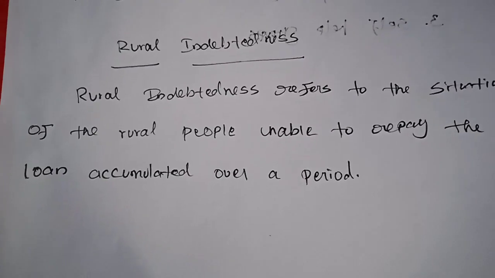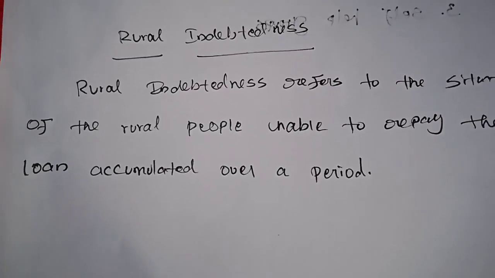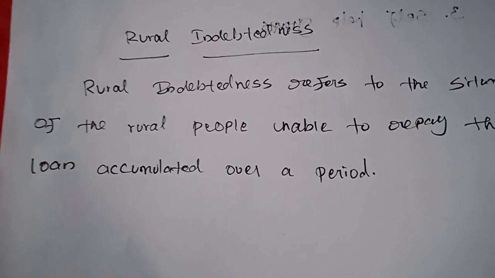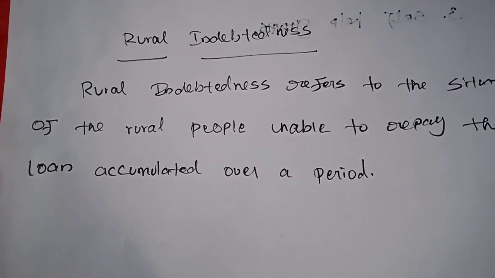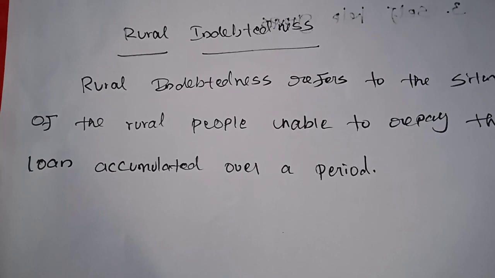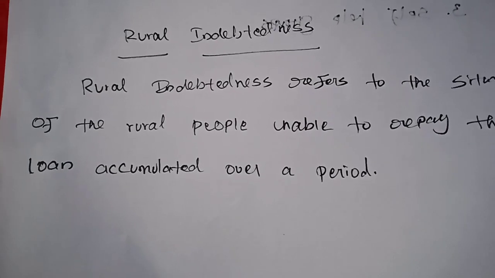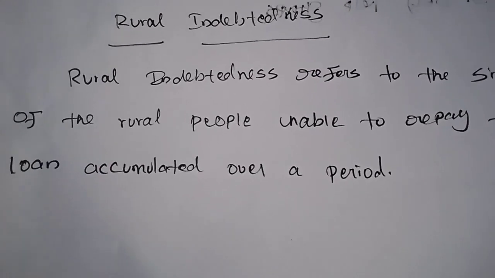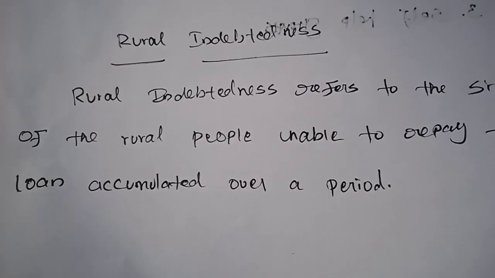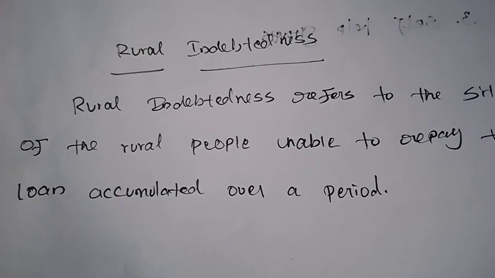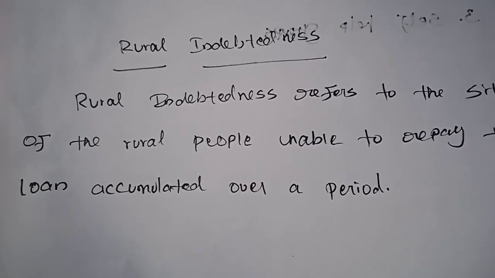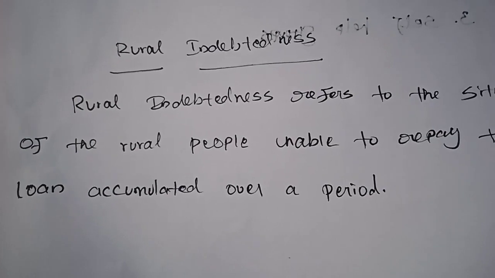The existence of rural indebtedness indicates the weak financial infrastructure of our country in reaching the needy farmers, landless people, and agricultural laborers. Farmers borrow loans for various purposes like agricultural operations, supporting the family in the lean seasons, or the purchase of equipment in recent years.